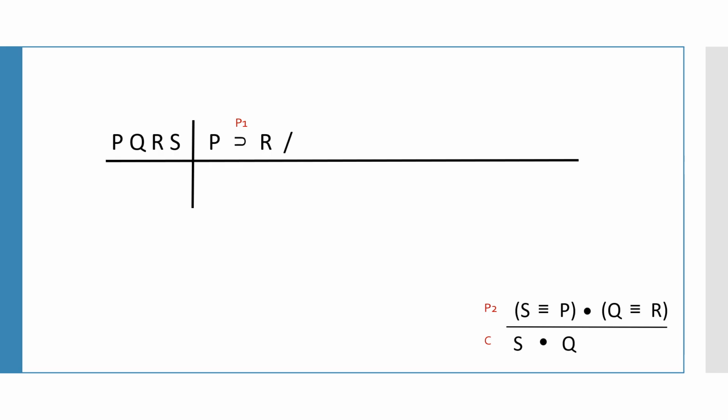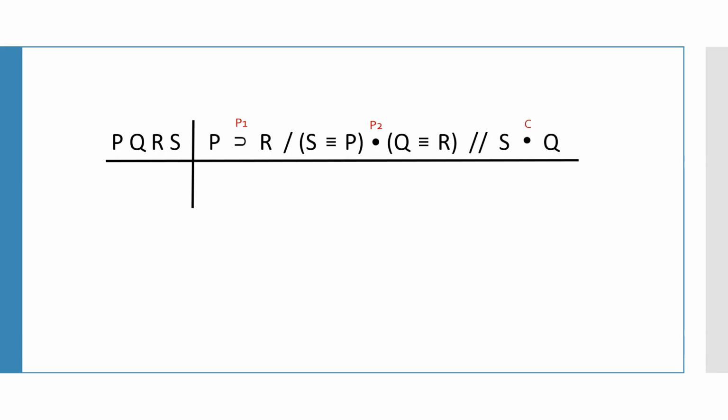We separate this premise from the second premise with the slash. And then we plug in our second premise. Now, in the end, this is just a conjunction. This is an and claim. It just happens to have on each side a biconditional as its conjunct. And of course, we can separate both of our premises from our conclusion with our double slash, and then we throw our conclusion in to end it.